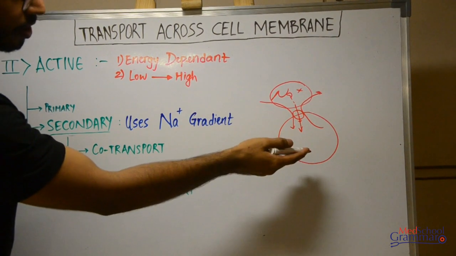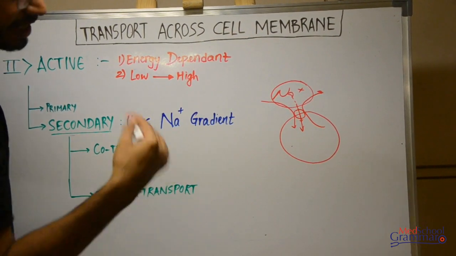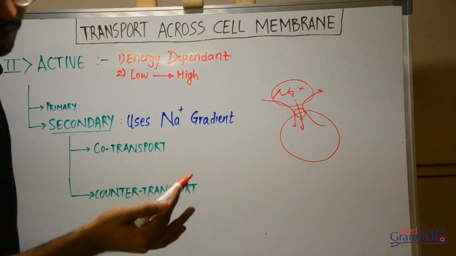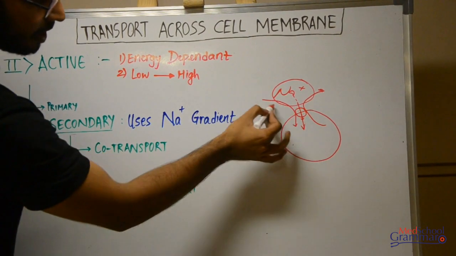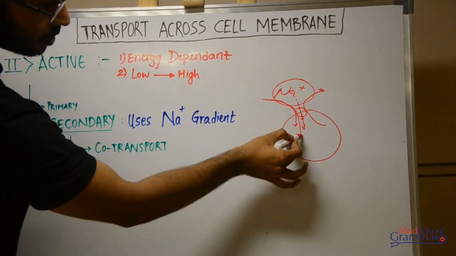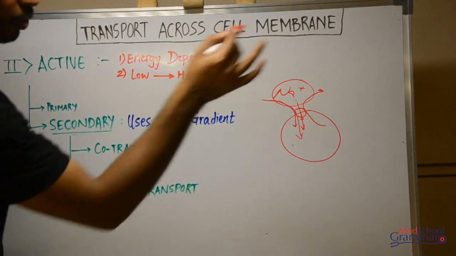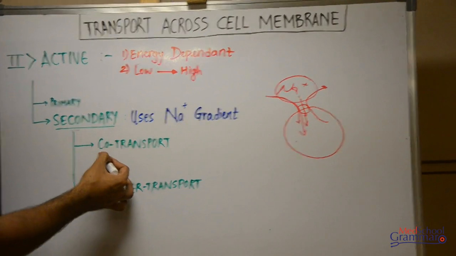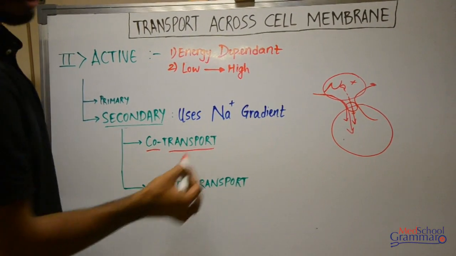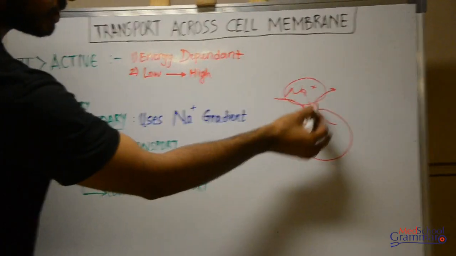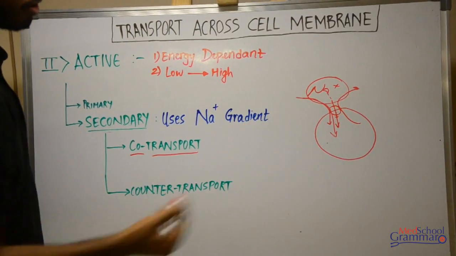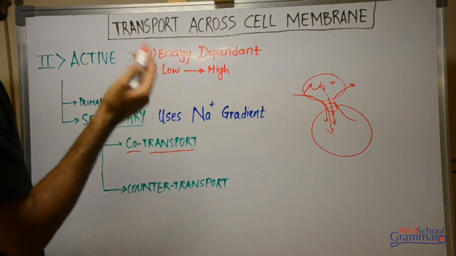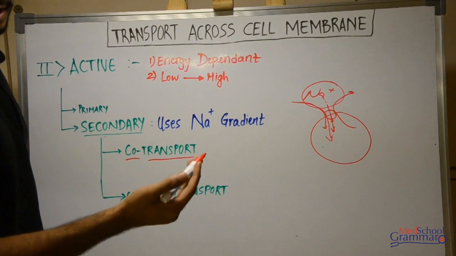So if any other substance, say glucose or amino acid, moves along with sodium from outside to inside the cell, this is called co-transport. Co means together they move. Together they move within the cell. This is co-transport.